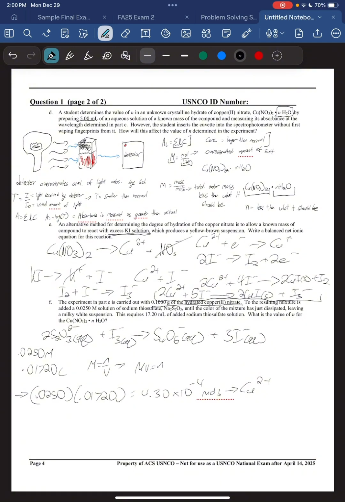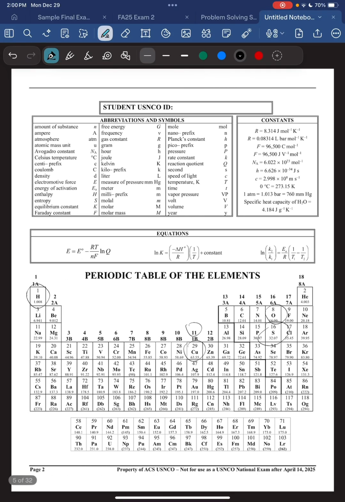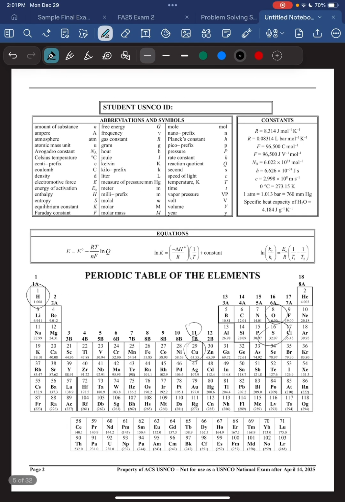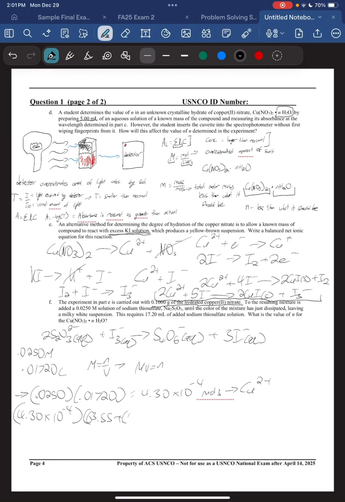Well, we can multiply the moles by the molar mass of the copper nitrate. So we have our 4.30 times 10 to the negative 4 moles, and if we go back to our periodic table, copper is 63.55 plus our nitrate ion, which is our nitrogen, 14.01, plus our 3 oxygen, which should be 48.